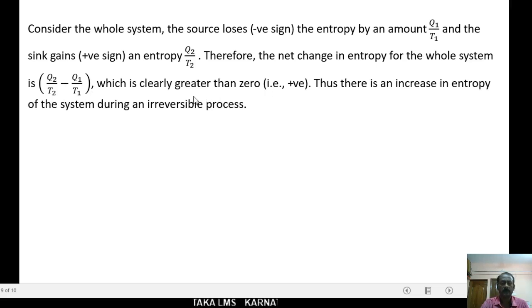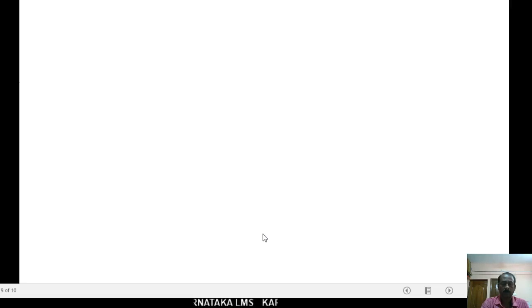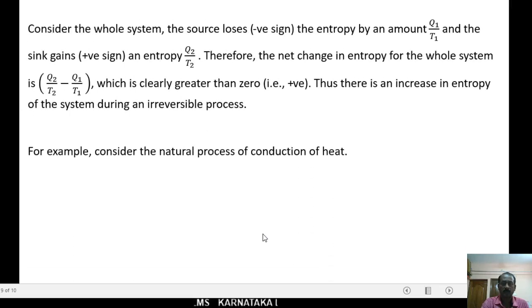Thus, there is an increase in entropy of the system during an irreversible process. See here, this quantity on the LHS, Q2 by T2 minus Q1 by T1, which is the net change in entropy, is always greater than 0. Hence, there is an increase in entropy of the system during an irreversible process.